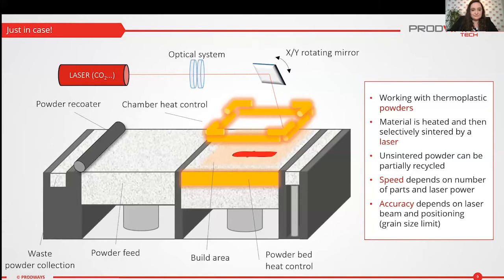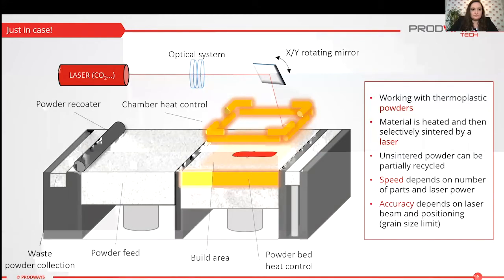And conversely, the speed of your process, how fast you can finish your job, directly depends on the laser power and on the number of parts, on the heights of the build. But even at the same build height, it depends on the number of parts. So this gives you some of the knobs that you have available to optimize the use of SLS with this technology.